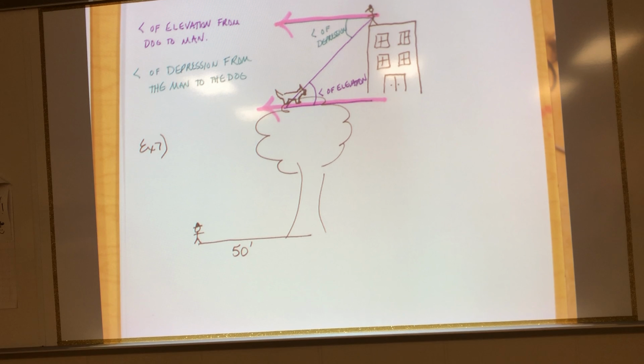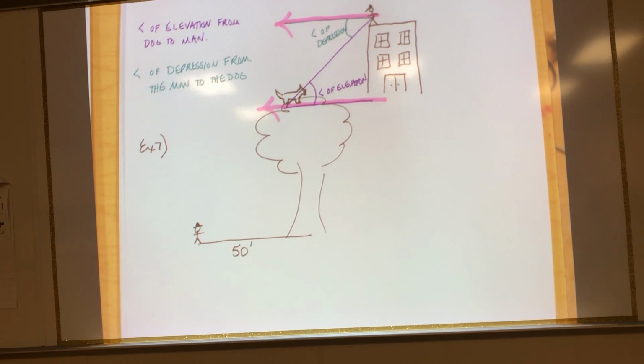So here's the next thing it says. A surveyor standing 50 feet from the base of a large tree, as shown in the picture we drew. The surveyor measures the angle of elevation to the top of the tree as 71.5 degrees. You draw it. He used a sextant to measure that, okay?